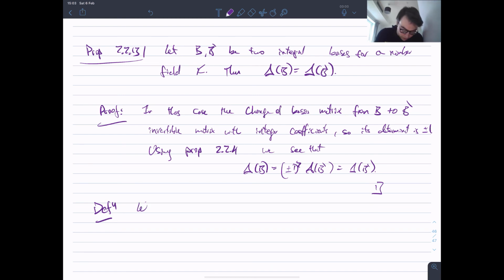This is definition 2.2.14. Let K be a number field, and B an integral basis.